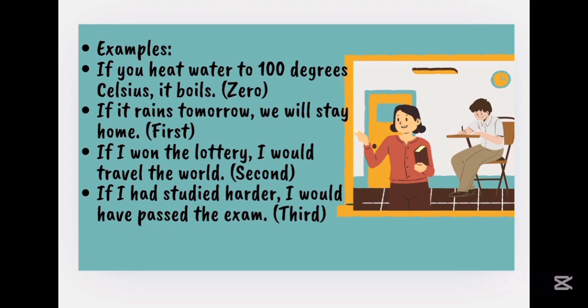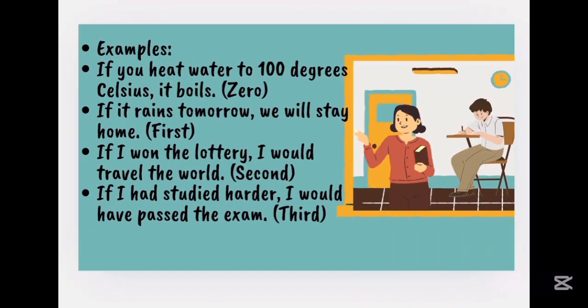The second conditional: if I won the lottery, I would travel the world. Winning the lottery is unlikely. And the third conditional: if you had studied harder, you would have passed the exam. You didn't study harder and you didn't pass.